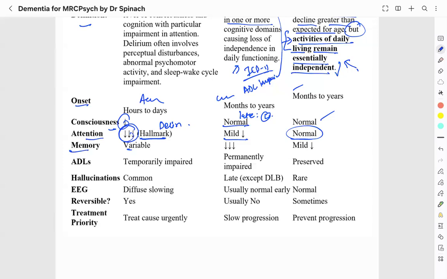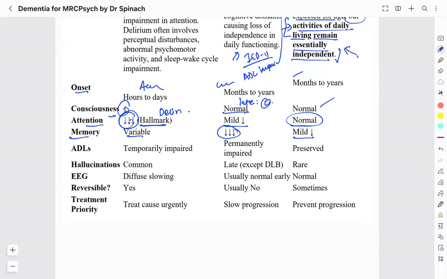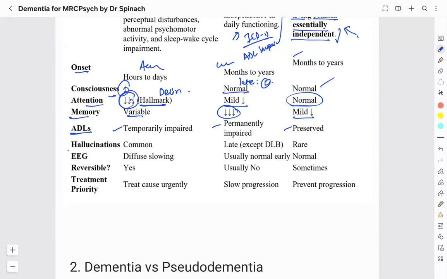Memory is variable in delirium, very much decreased in dementia, and mildly decreased in mild cognitive impairment. We have already seen ADL: temporarily impaired, permanently impaired, preserved. Hallucinations are very common in delirium. You already mentioned Lewy body dementia, where visual hallucinations are very common; rare in MCI.